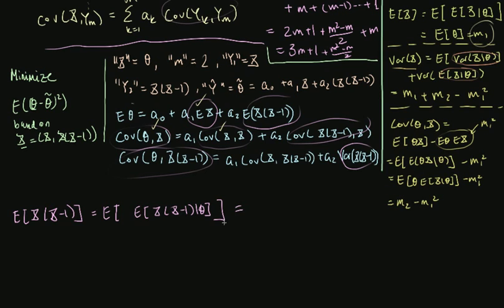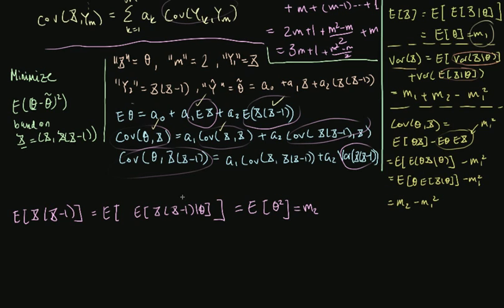Okay, we know that x given theta is Poisson distributed, and here we're taking a function of x given theta, which is x multiplied by x minus 1. And we know from the hint in the book that the innard here is just theta squared. And this is m2. So now we have also taken care of this one here.